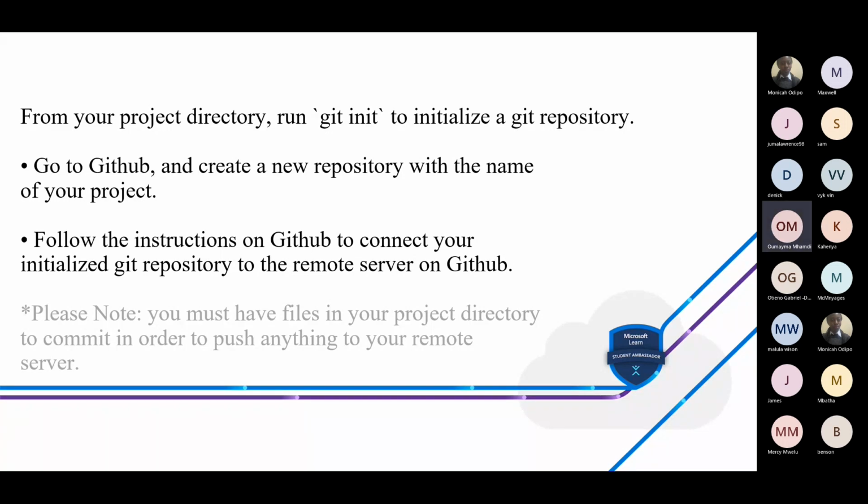I go to my project directory, which is web app, open the CMD and type git init. This step aims to initialize a Git repository. Then we go to GitHub and create a new repository. I will show you how to do so. I will share my screen. Just a moment.